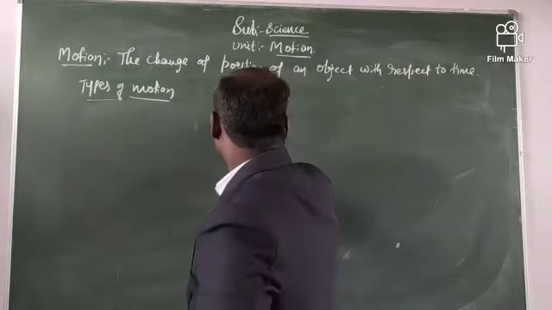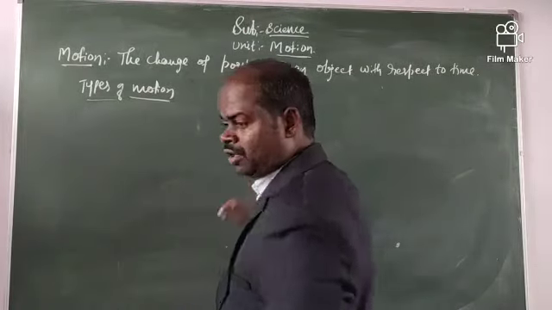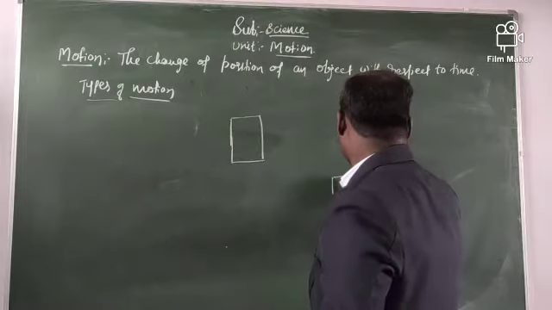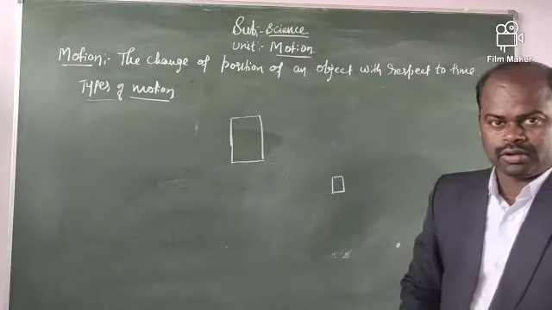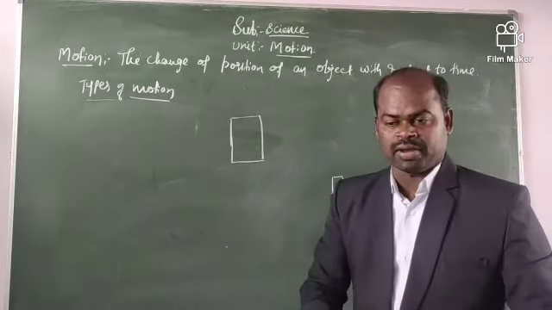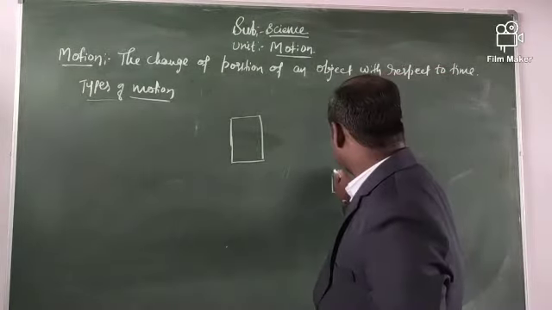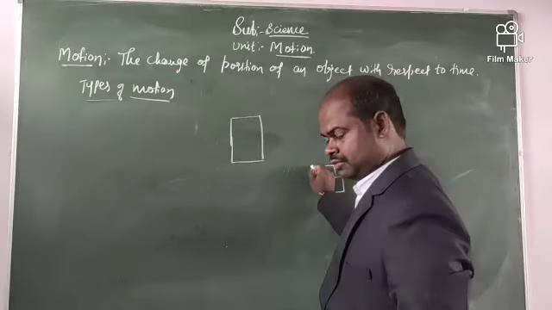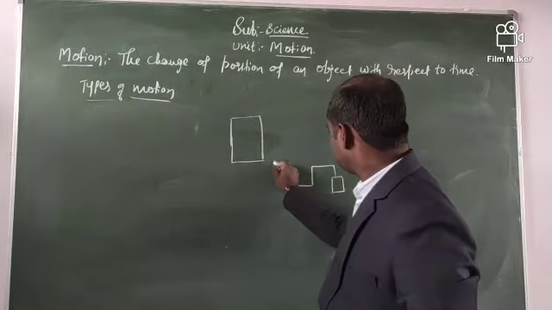Suppose this is your school, and here is your home. How will you come to school, by walk or by vehicles? You are coming like this. This is the way.